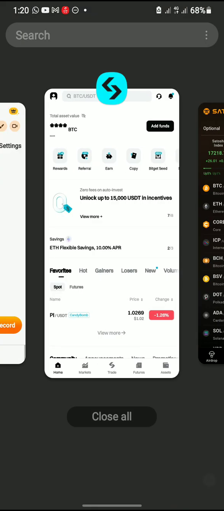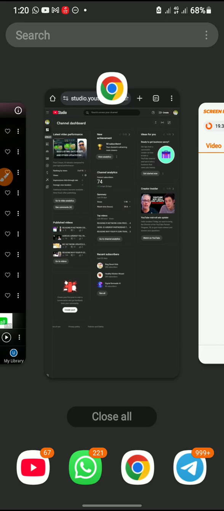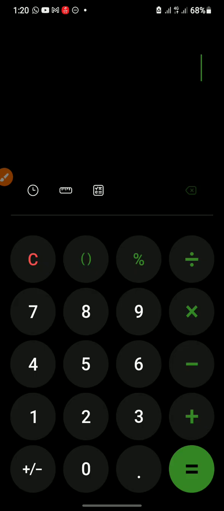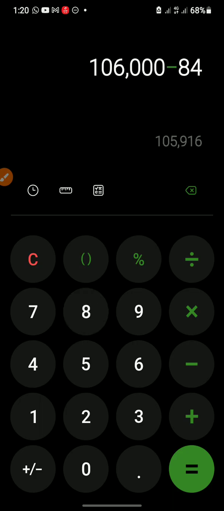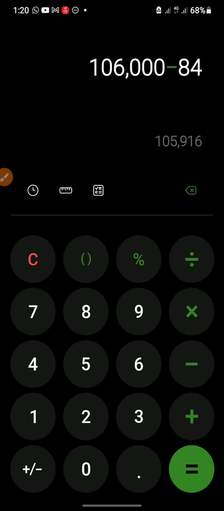Let's calculate, guys. $106,000 minus 84,136.